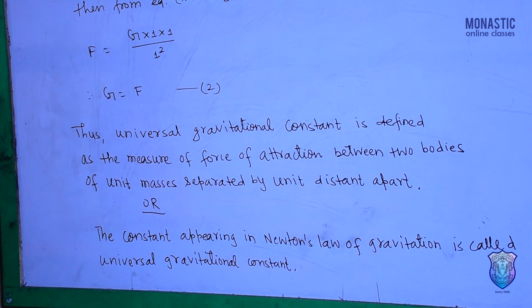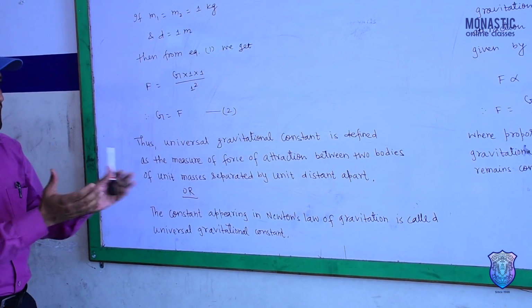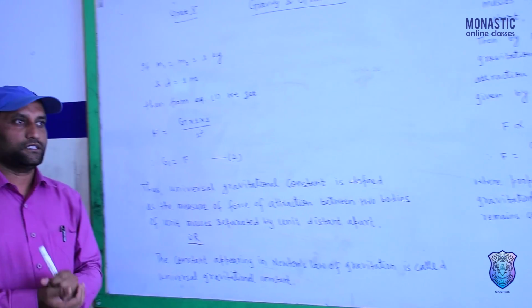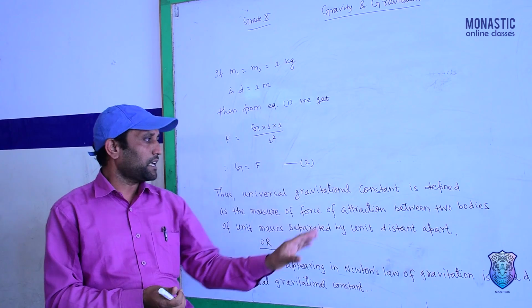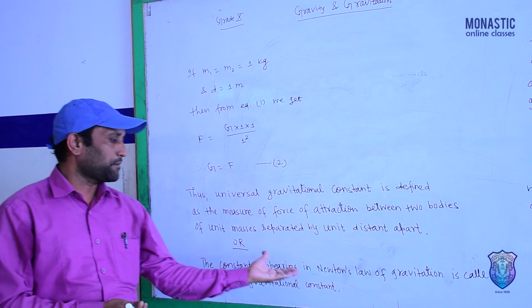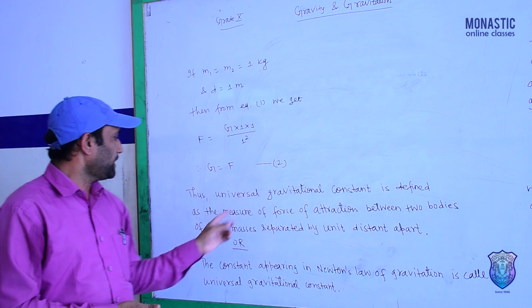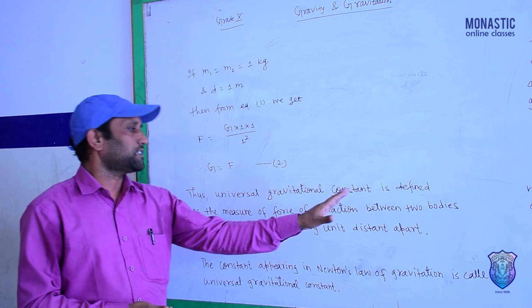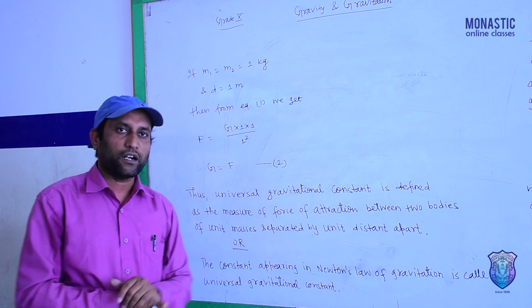Students, in the exam, the question may ask what is the universal gravitational constant, what is its value, what is its unit. So what is the universal gravitational constant? The constant appearing in Newton's law of gravitation is called the universal gravitational constant. You can write that it is defined as the measure of force of attraction between two bodies of unit masses separated by unit distance apart.